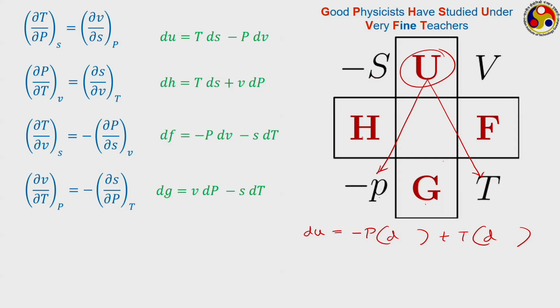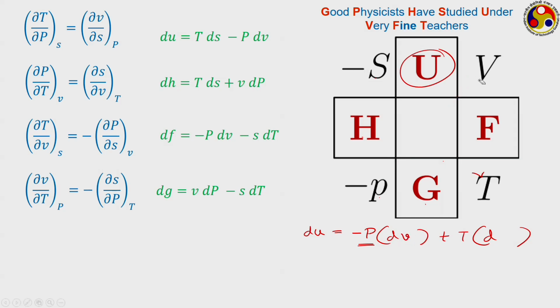Now, what will be going into the differentials? Into the differentials, we shall be using the terms which are adjacent to the U. So, for P, the coefficient we already have, to get this we have to go to the diagonal, the one opposite to P, which is V. So, write V here.